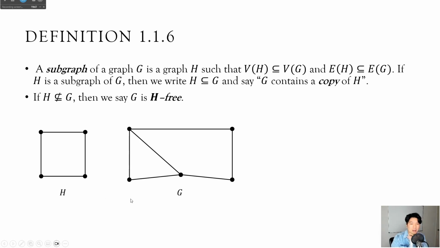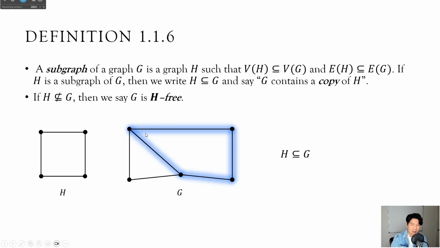So if H is a subgraph of G, then I'm saying that I can find something that's like a square in my graph G. So in fact, if I highlight these 4 edges and these 4 vertices, I can see that what I've highlighted here is actually the same thing as what I have here on the left. That means that H is a subgraph of G in my example. Hence, I can write this here. So I have the definition of a subgraph.